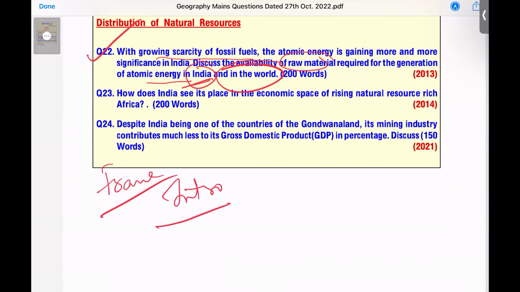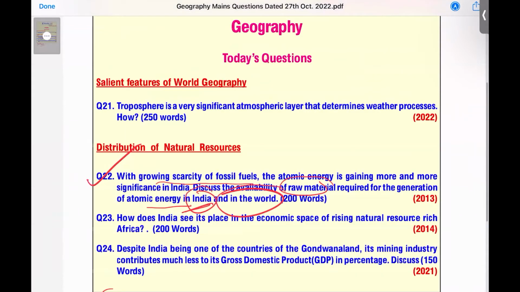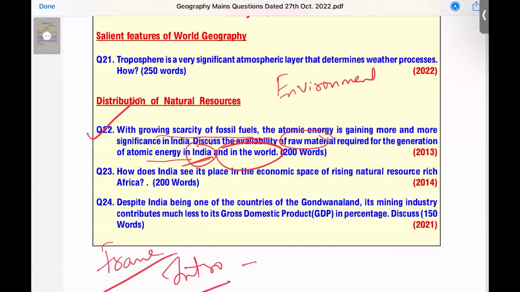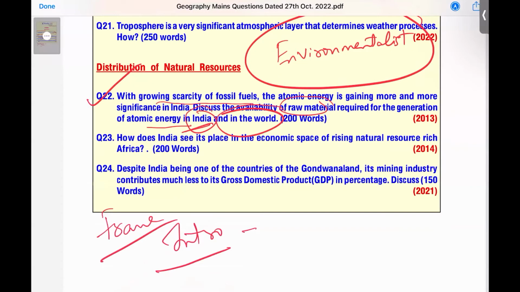In such questions, you can take a stand. You can look like an environmentalist and try to justify your stand, or you can look like a typical scientist who is trying to augment more power to India. Environmentalists sometimes do not support even atomic energy because of the nuclear waste.